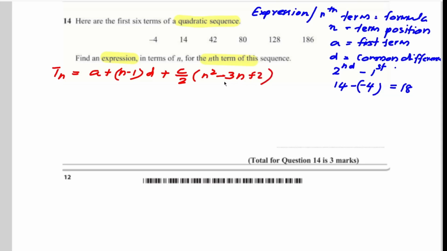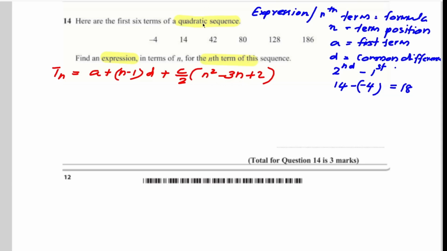You need to memorize this one if you are using it. If not, you have to do it manually because you won't be given this one. You won't be taught this one. You should memorize it.